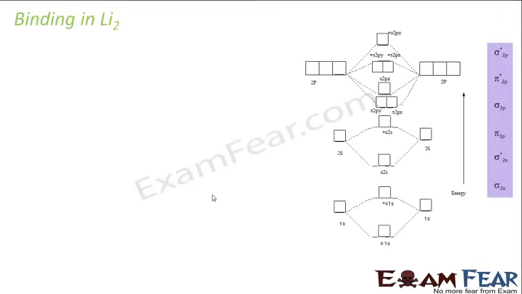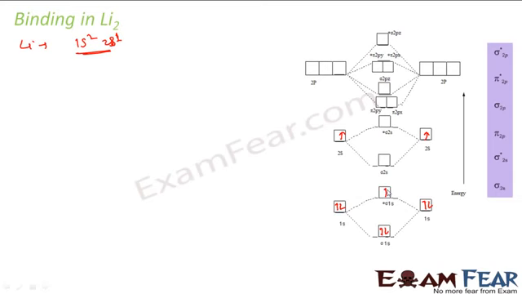Lithium, let's see if lithium exists or not. And if it exists, whether it is paramagnetic or diamagnetic. Let's see this. So for lithium, it is 1s2, 2s1. This is my lithium atom electronic configuration. So let's put this 1s2, 2s1, 1s2, 2s1. So now let's put the values. There are 4 electrons.